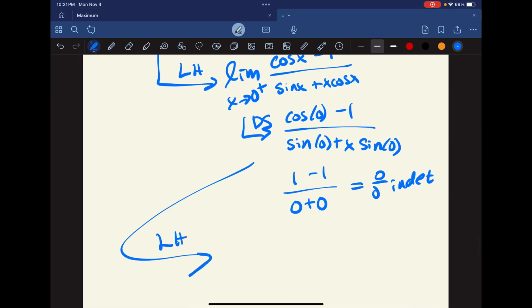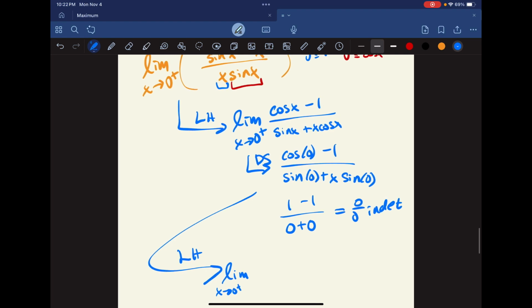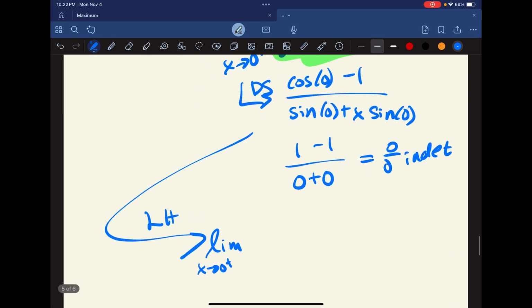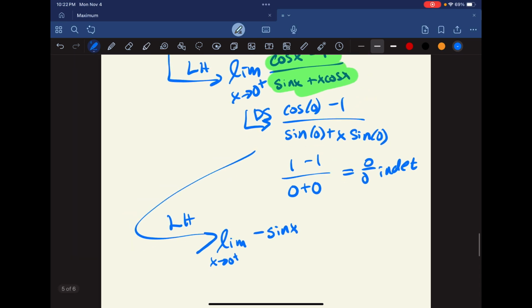So now we're talking about limit as x approaches 0 from the right. And then so then now I'll highlight it. We got to take the derivative of the numerator here and the derivative of the denominator. So the derivative of cosine x is negative sine x, and then in the denominator, derivative of sine x is cosine x.